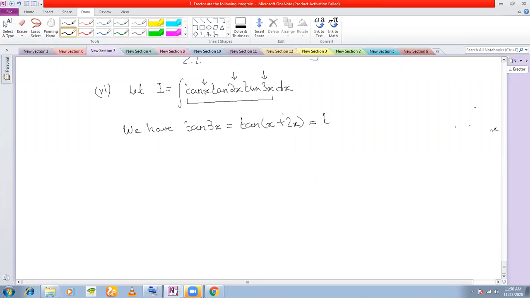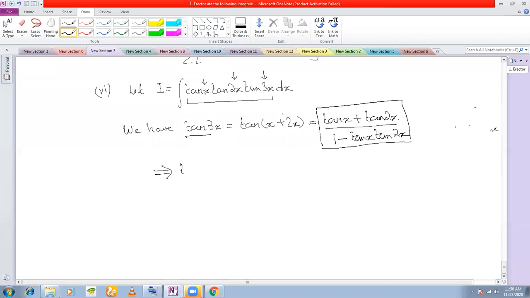Okay, you can write this as tan of a plus b. Tan of a plus b is, by compound angle formula, tan a plus tan b by 1 minus tan a tan b. Okay. So what are you getting? You're getting tan 3x is equal to this, right? So if you now cross multiply, what will you get?